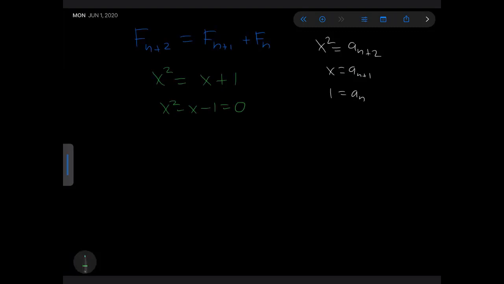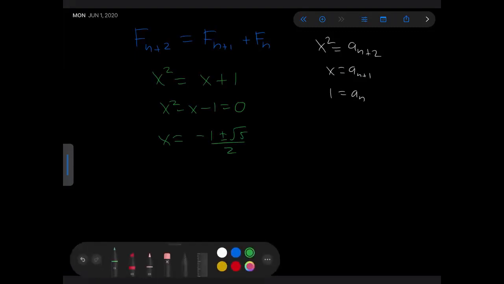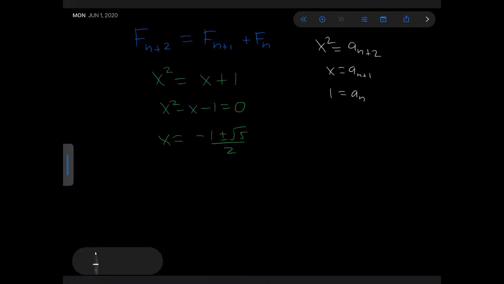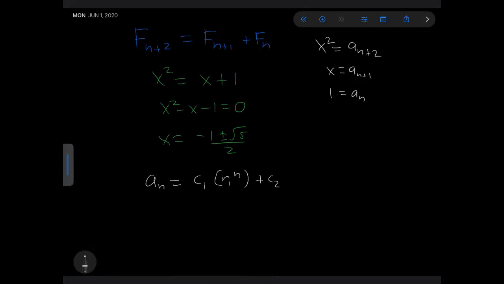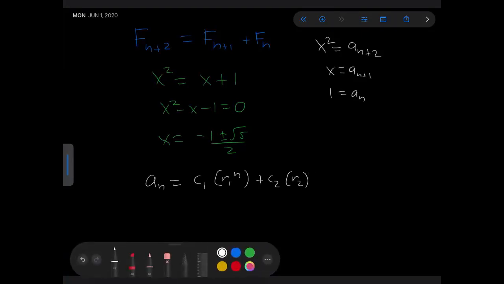we get some nasty roots. We get x is equal to 1 plus or minus root 5 over 2. It looks quite nasty, right? However, this will allow us to find a closed form. Remember our expression? A sub n is equal to C1 times R1 to the n plus C2 times R2 to the n.